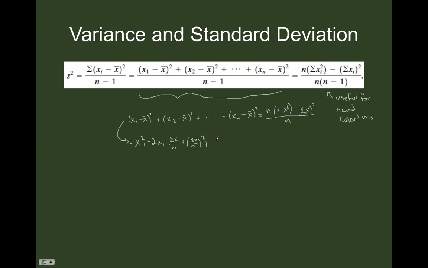Plus, now the next term would have an x sub 2 squared minus 2 x sub 2 times x bar, which again I'm going to write as the sum of all the x's over n. And then there would be a plus the sum of x's over n, quantity squared.